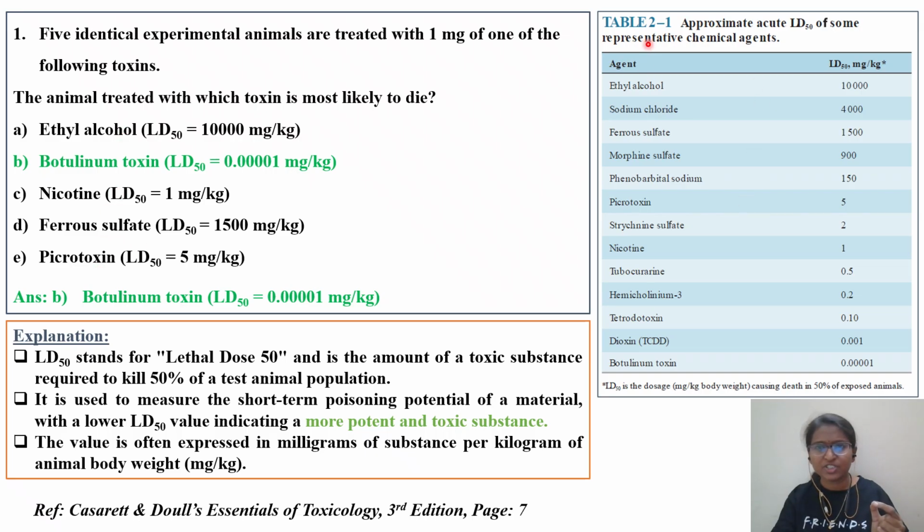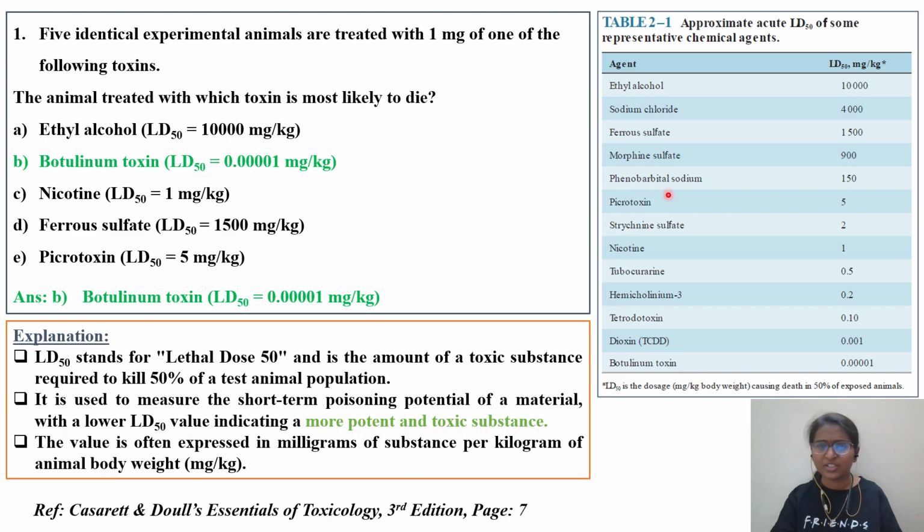There is a table given as Table 2.1 in Casarett and Doull's Essentials of Toxicology, third edition, page number 7. Also, in the ninth edition, the bigger textbook, this same LD50 table will be there, with a comparison of various LD50 ranges.